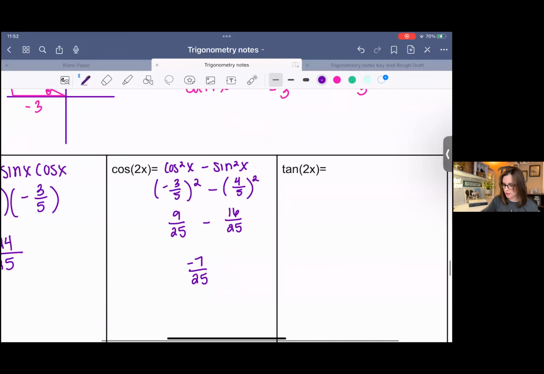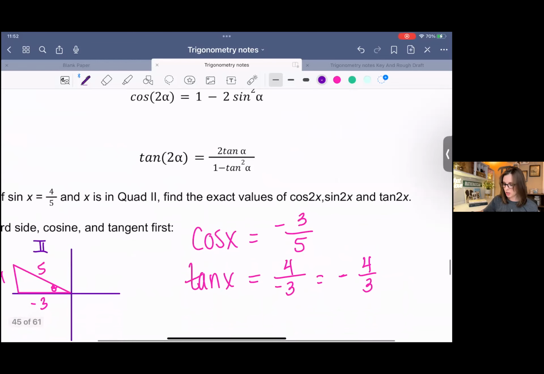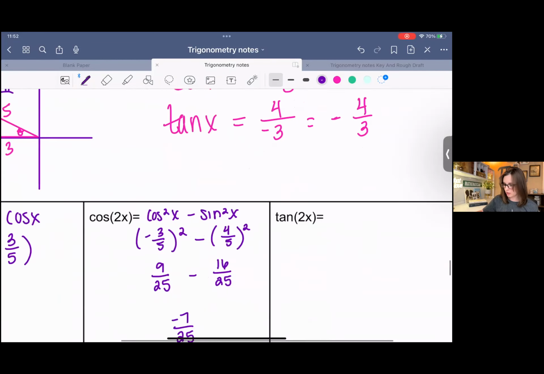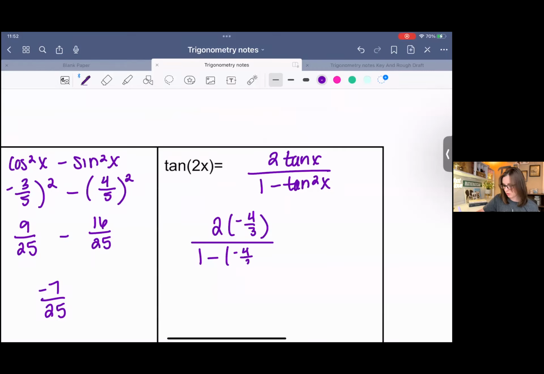Now tangent 2x. Let's go up, look at our identity for tangent 2x. We've got 2 tangent x over 1 minus tangent squared x. Tangent x was -4/3. So I'm going to substitute that in, 1 minus -4/3 squared.